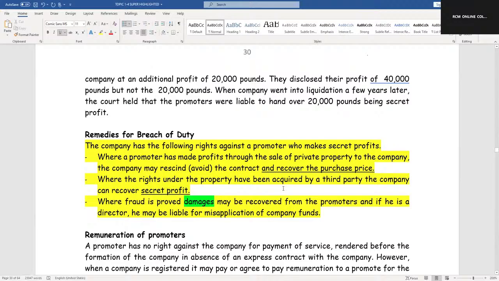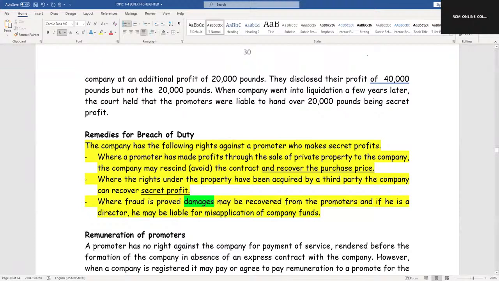Then the third remedy: if the company suffered any damages or losses during this process where the promoter sold the asset to the company, then the company is at liberty to sue the promoter for the recovery of damages or losses.